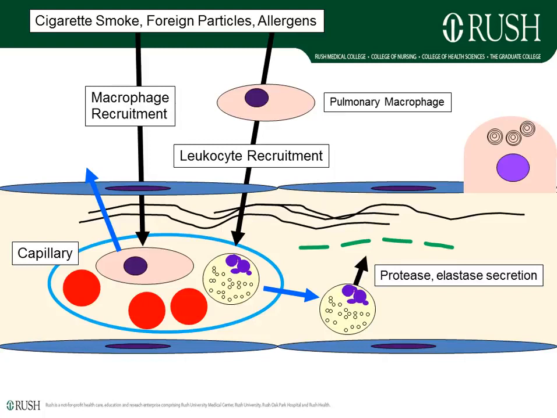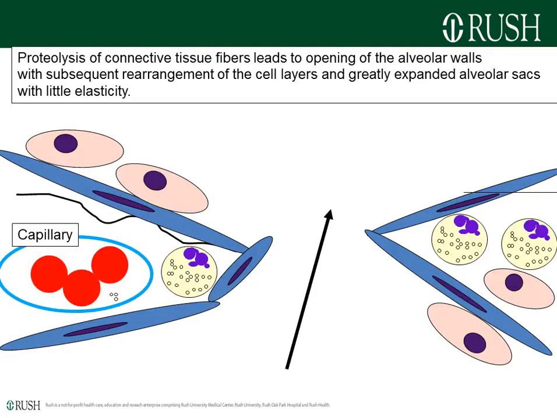And the leukocytes recruit eosinophils out into the septal walls, and those cells there start making proteases, elastases, collagenases, and break down the septal walls. So that's how you end up with the loss of those septal walls in emphysema. So you get these greatly expanded alveolar sacs, and they have very little elasticity.